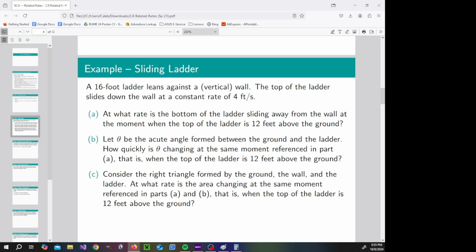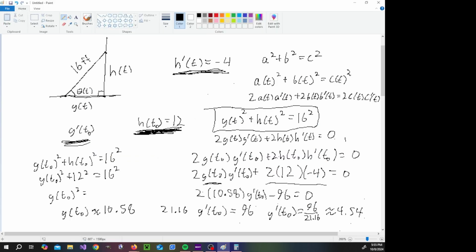So this is 4.54 feet per second. Now the last problem we had square meters because we had an area, but this is just a distance, so that's still feet. Okay, so that's part A of this problem.